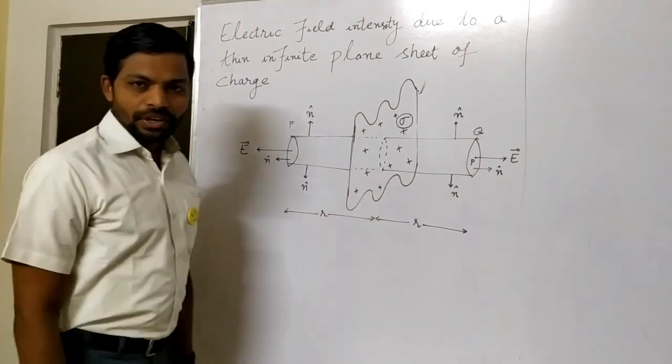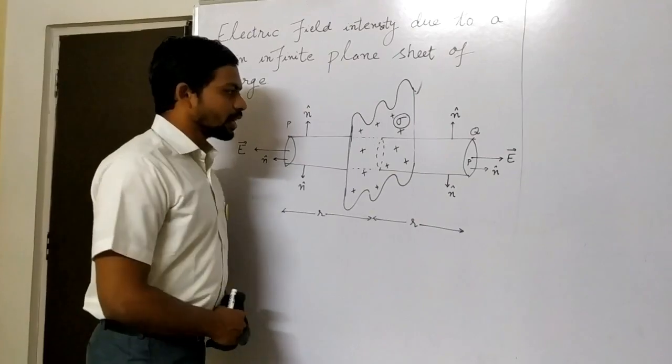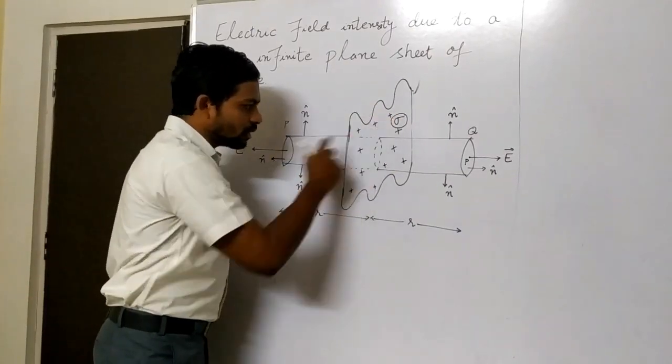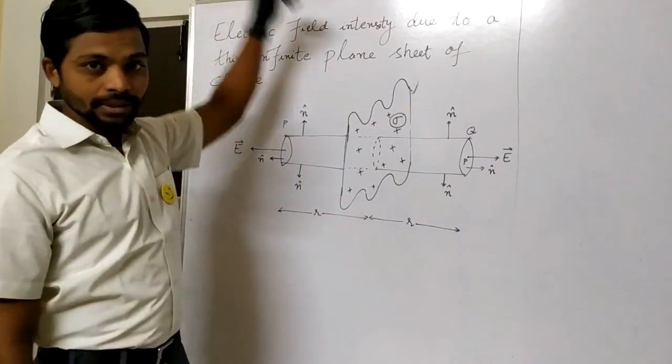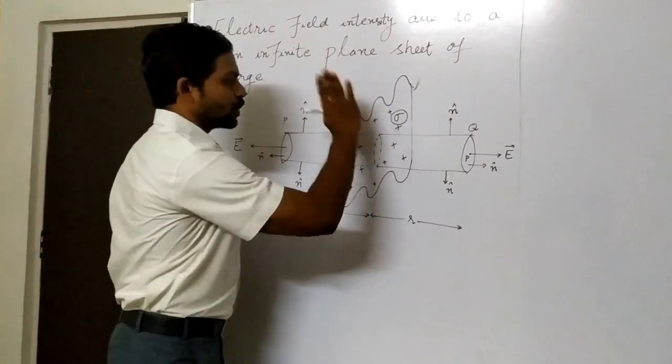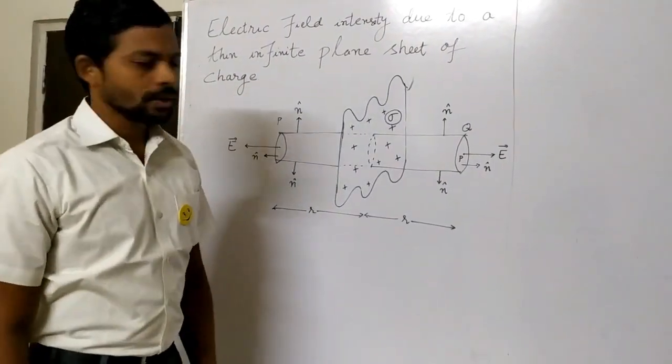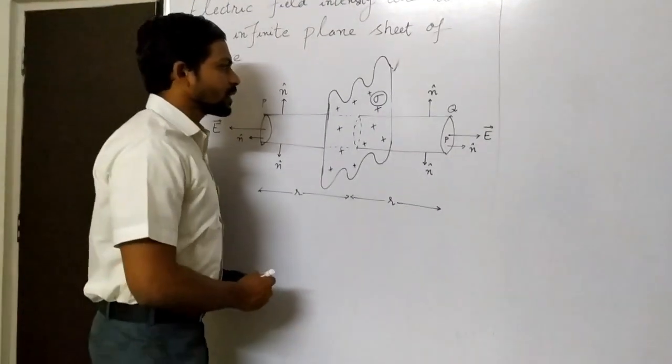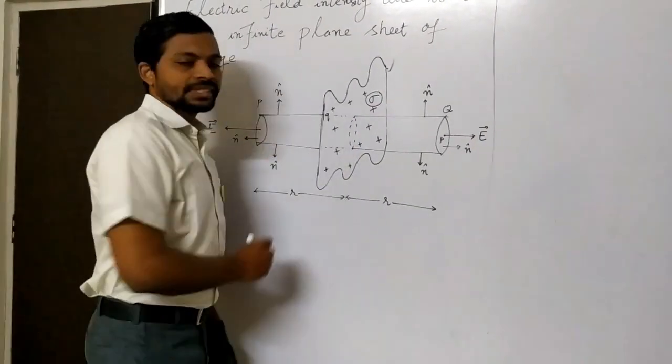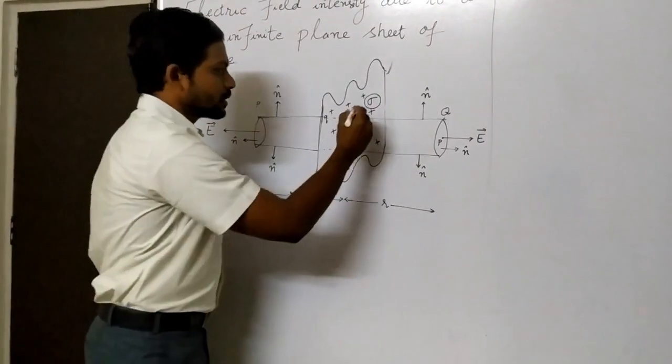So firstly we will consider a thin infinite plane sheet of charge. Let us say we have some charge Q with surface charge density sigma.